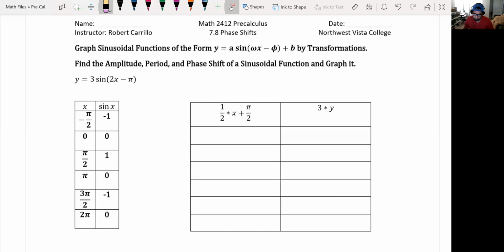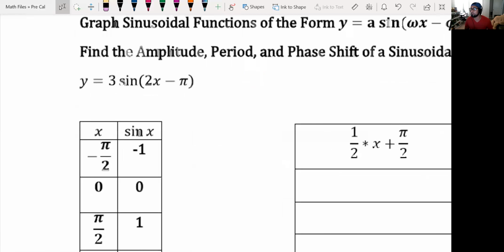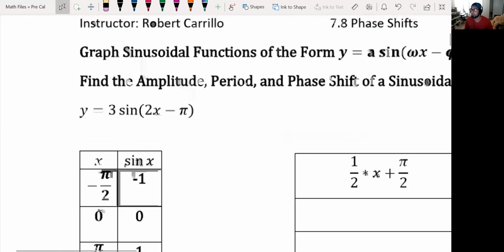Okay, so doing this by transformations, the first thing I want to do is rewrite it so you can see all the transformations that are happening. When I say rewrite, on the inside of this sine function, and everything's going to happen on the inside, I'm going to factor this 2 from everything inside.